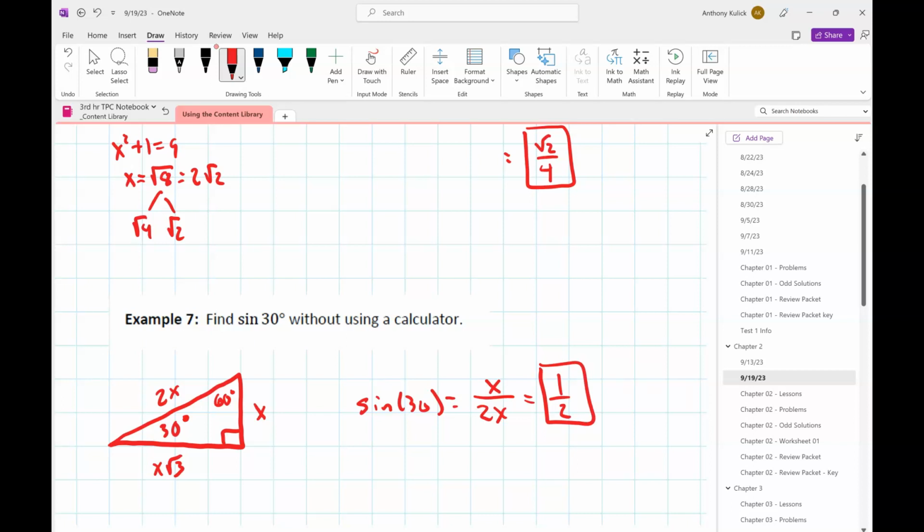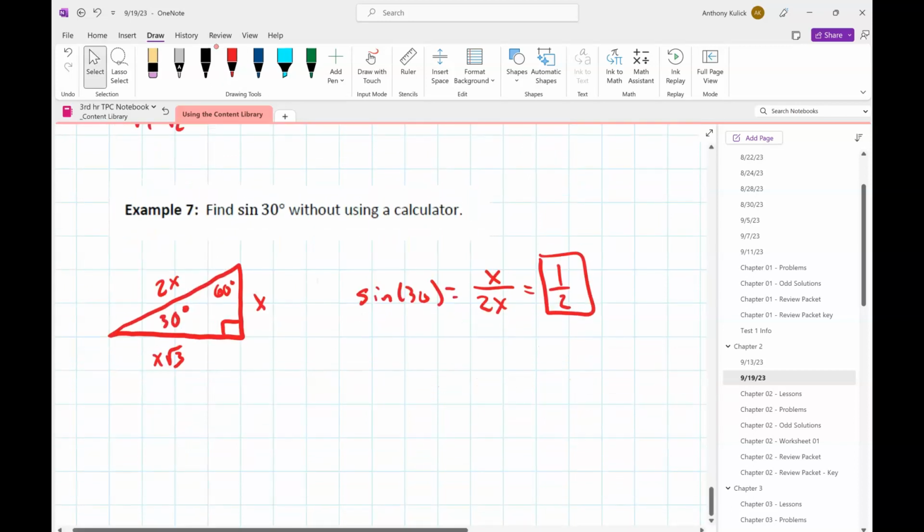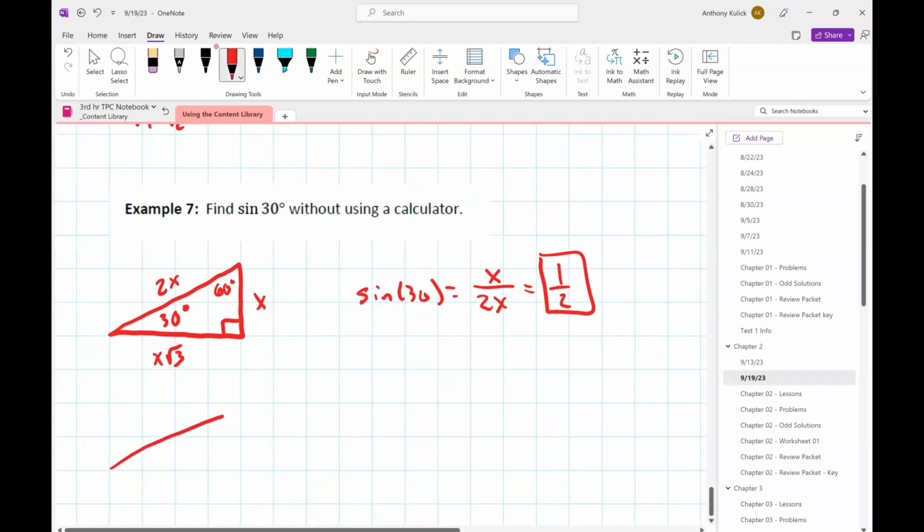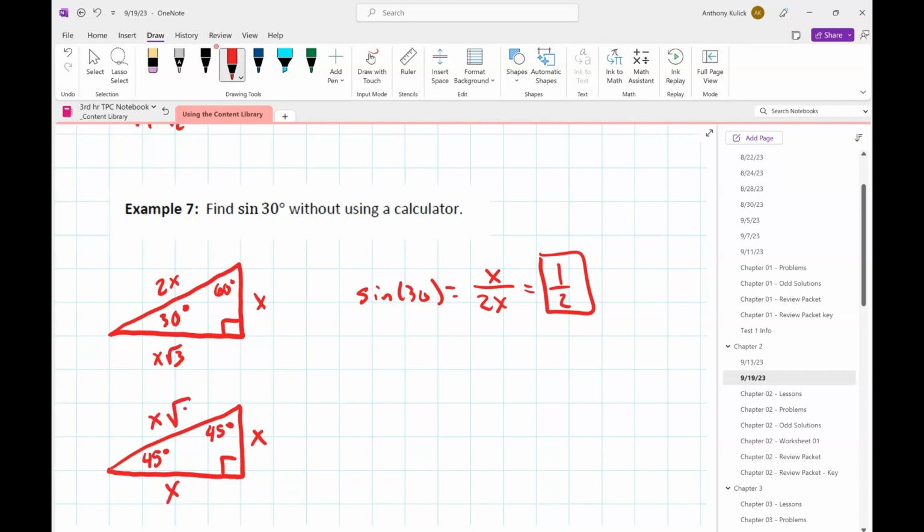Oh! What's the other special triangle that you would learn about in geometry other than 30, 60, 90? The 45, 45, 90. That has ratios x, x, and x root 2.